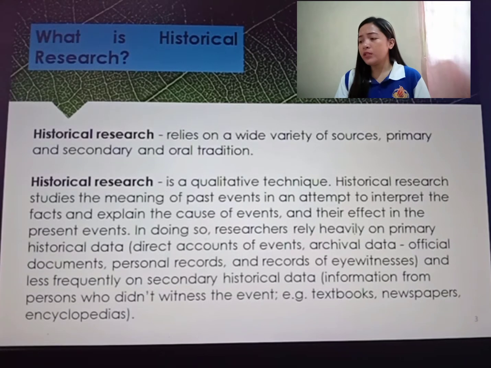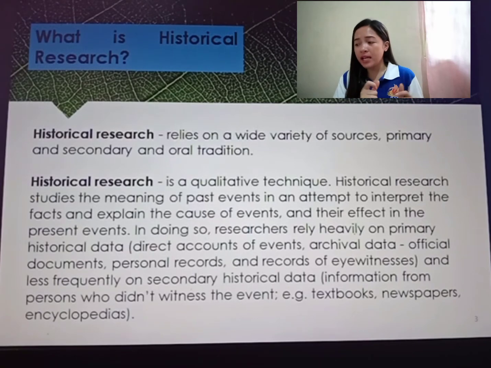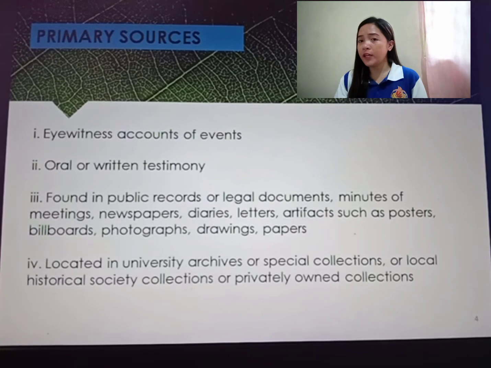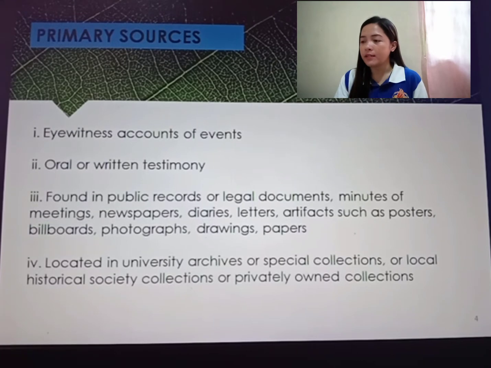In doing so, researchers rely heavily on primary historical data and less frequently on secondary historical data such as textbooks, magazines, newspapers, and etc. So first, we have to identify what are primary sources. Primary sources rely on the eyewitness accounts of events. Second, the oral or written testimony.